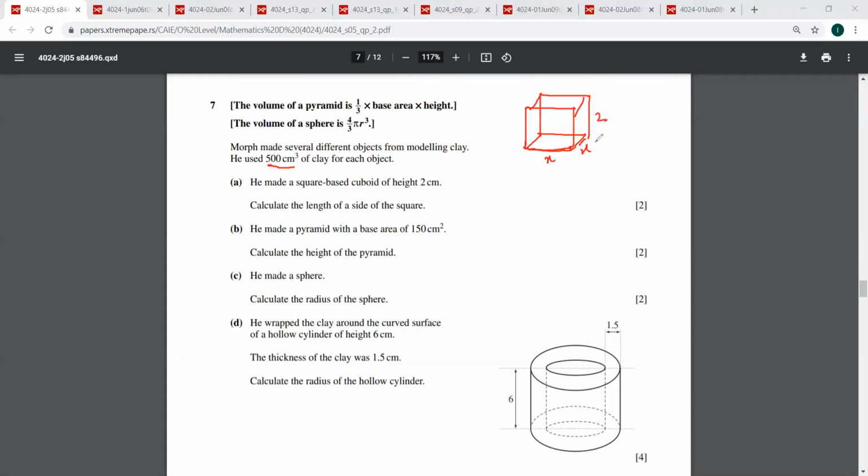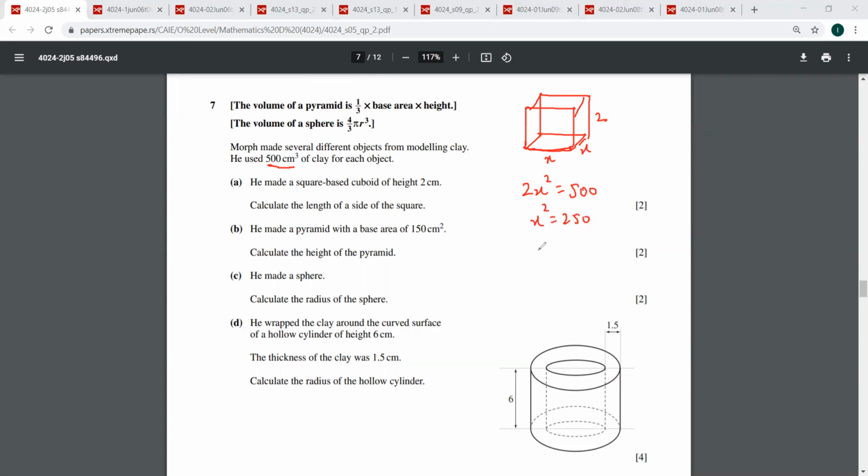And the height is 2. So this gives us the volume of this cuboid as 2x square. And that will be equal to 500 because he is using 500 centimeter cube of clay. This gives us x square equal to 250.